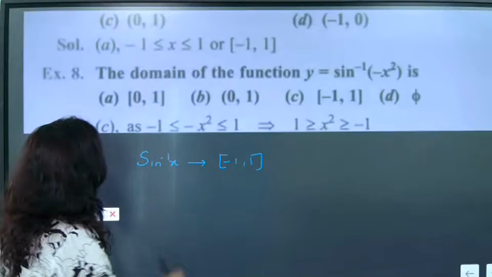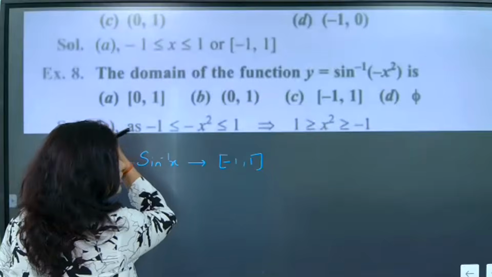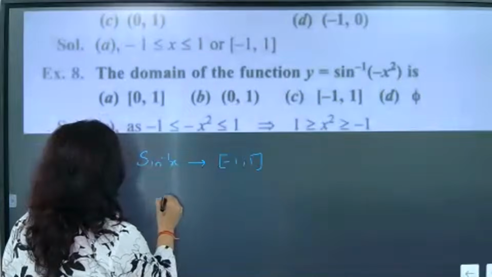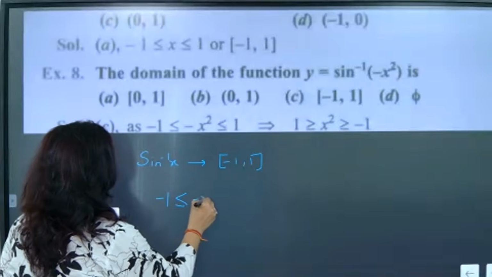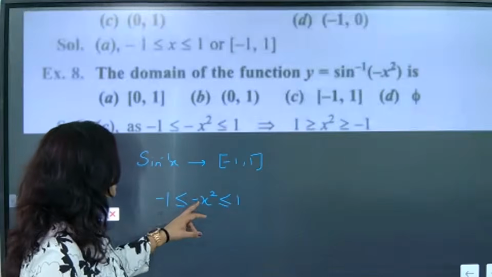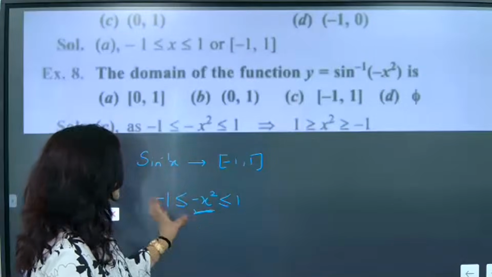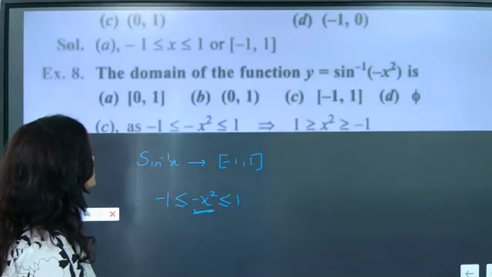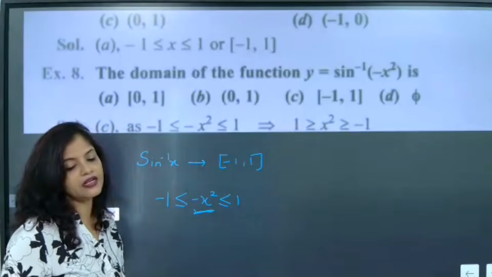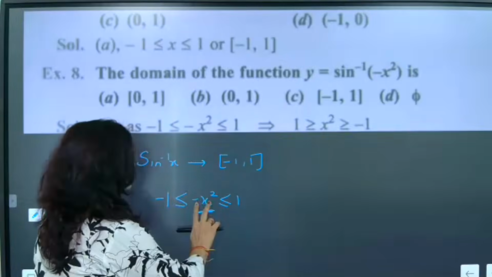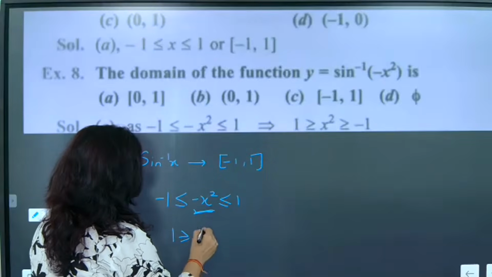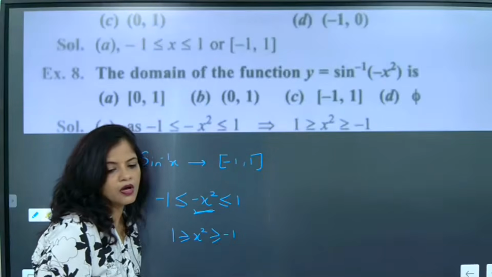Now we know one thing: whenever the variable has a minus, the sign changes. The less than type becomes greater than type and the greater than type becomes less than type. So this part, when it changes, becomes 1 and x square, and this part becomes equal to minus 1.